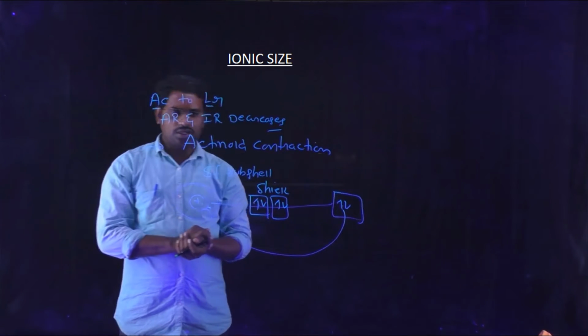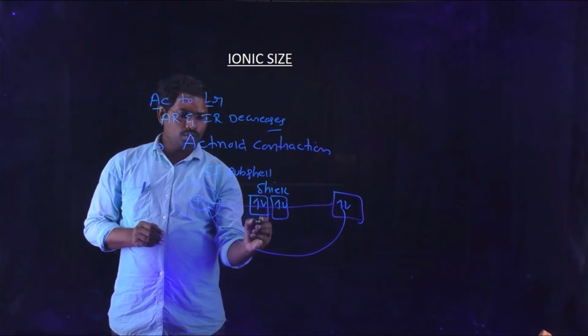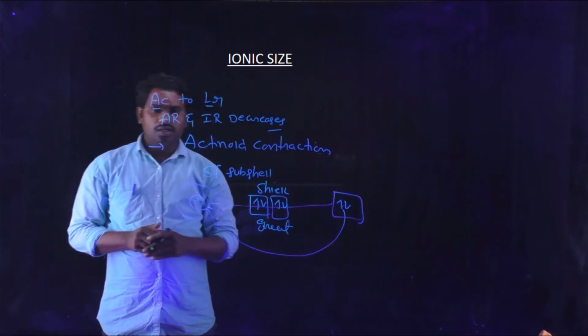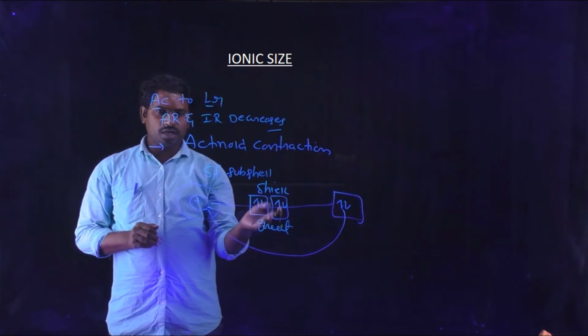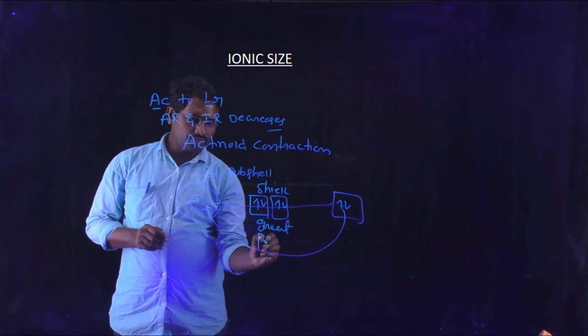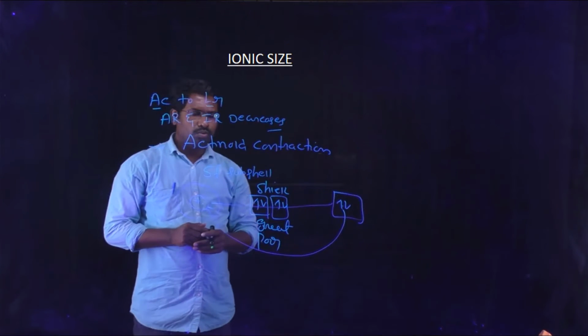Therefore, if their effect is more, they have a great shielding effect. Otherwise, if the influence of the inner orbitals is not much, we treat it as a poor shielding effect. So this is the concept of poor shielding effect.